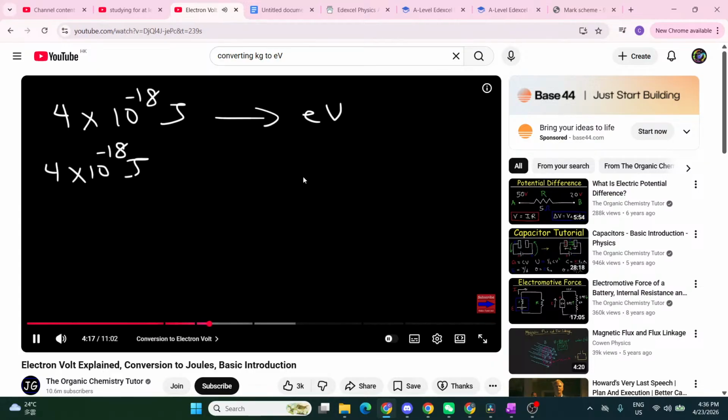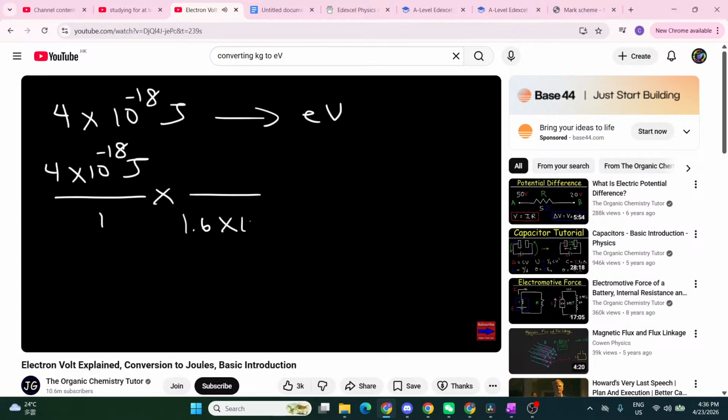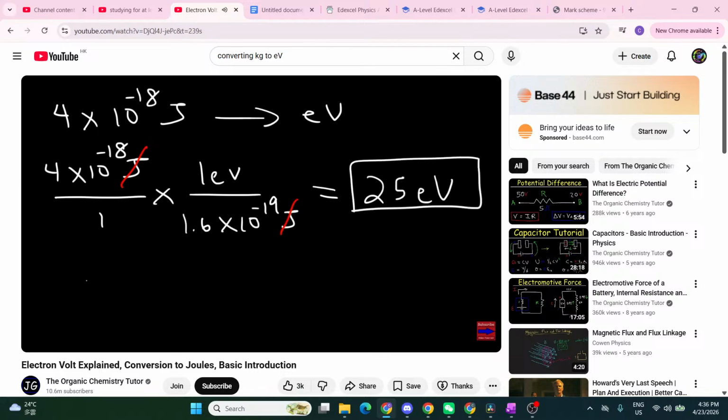We need to start with what we're given, and then use the same conversion. There's 1.6 times 10 to the negative 19 joules per electron volt. Set it up in such a way that the unit joules cancel, leaving behind electron volts. This time, we need to divide. And so this turns out to be 25 electron volts. What this means is that 1 electron would have a voltage of 25 volts. If there were 2 electrons, it would have a voltage of 12.5 volts.